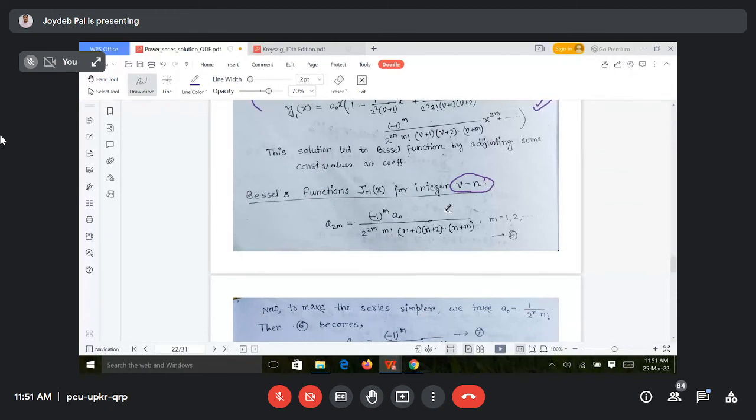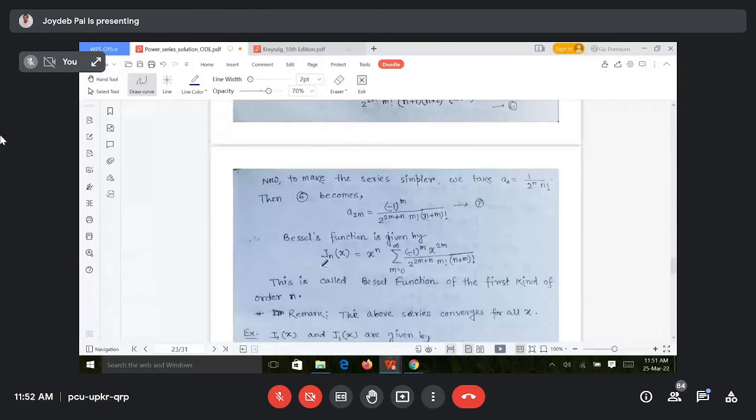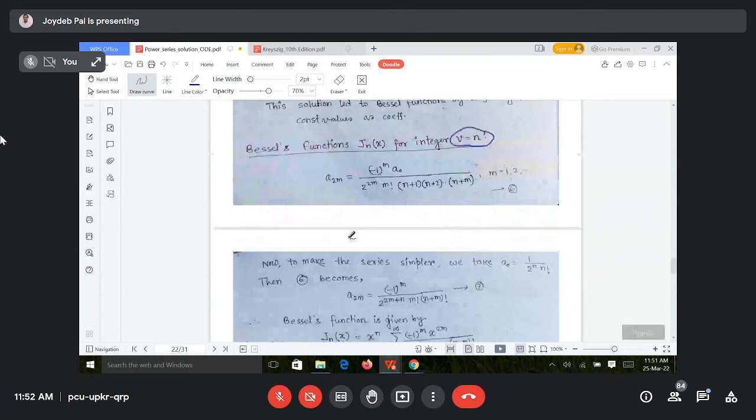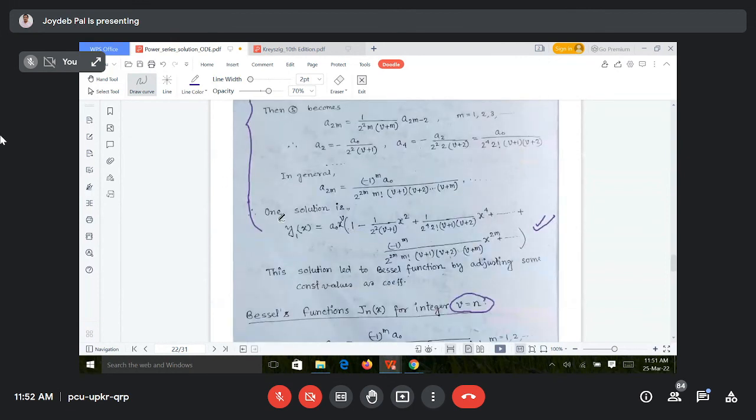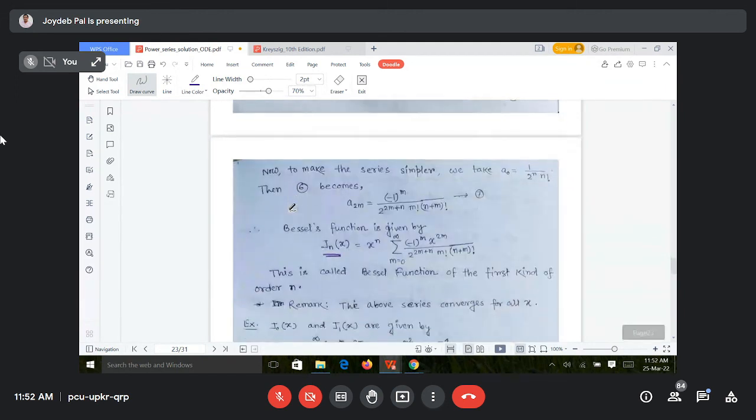In that case, the expression for the Bessel function is denoted as Jn(x). That Jn(x) is actually the modified form of the first solution y1. You have to remember the form of Jn(x).